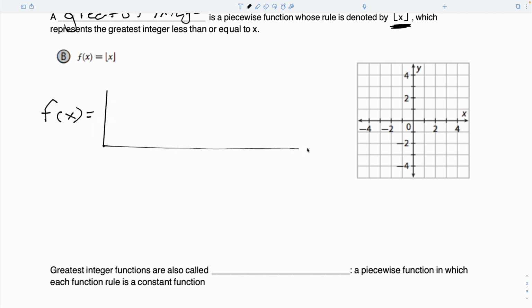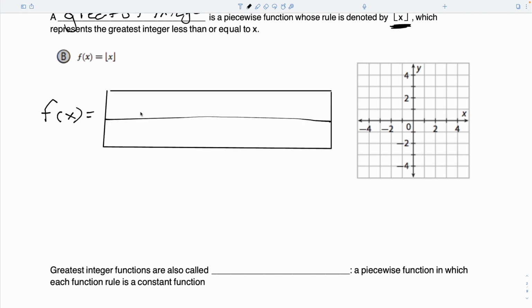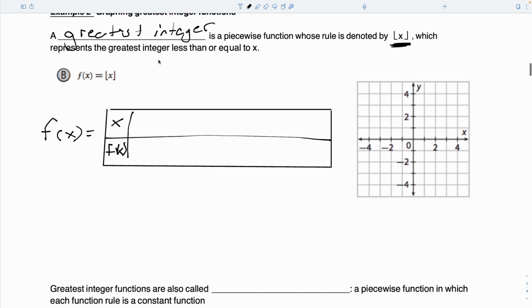Make a table for yourself. Erase what I just put. You don't want a line. We're going to make this top the x and the other one y or f of x. When you're choosing your values for the x, you have to have a table for greatest integer functions, and here's why.